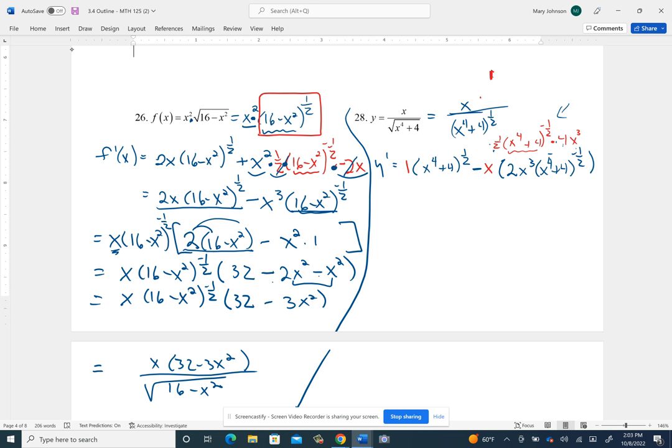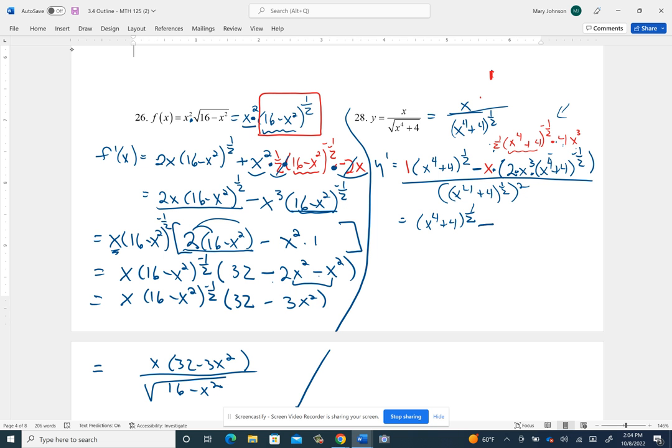All right, and then remember the quotient rule also has, then all of that gets divided by x to the 4th plus 4 to the 1/2, all squared. So let's see, in the numerator, I just have really x to the 4th plus 4 to the positive 1/2 power. And then this is times. So let's put that together.